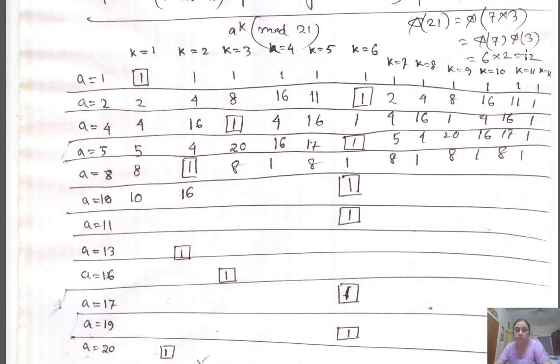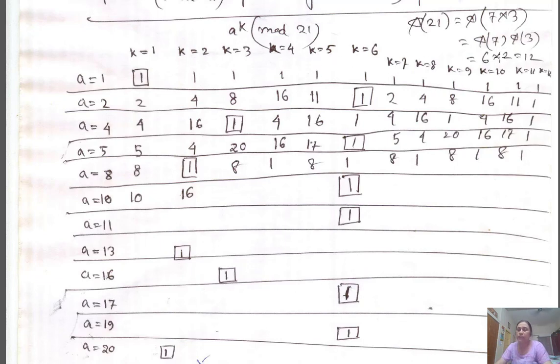So the factors of 12. So I don't have to consider 5. I don't have to consider 7. Okay, like that. So all the powers you need not calculate, only the factors.